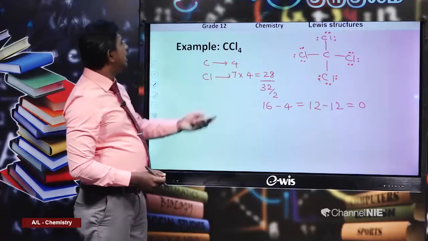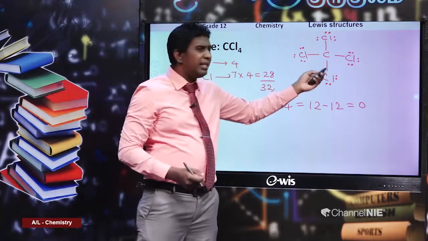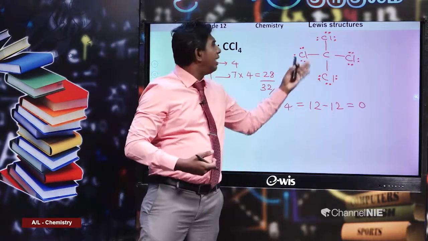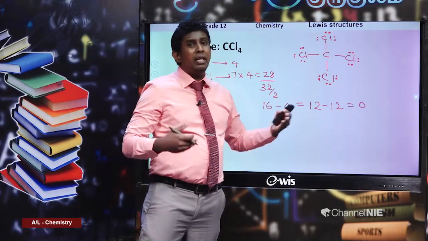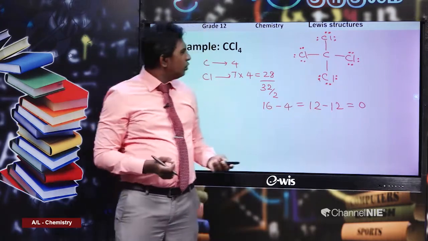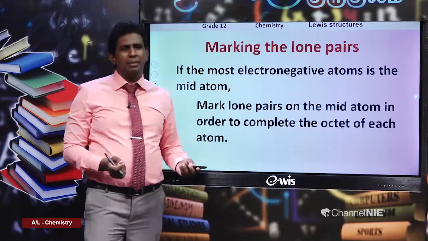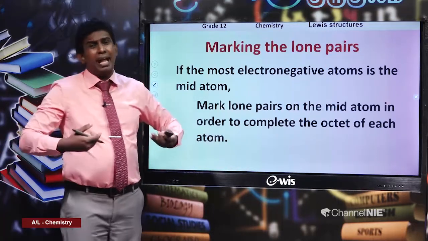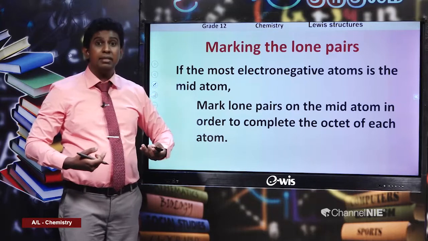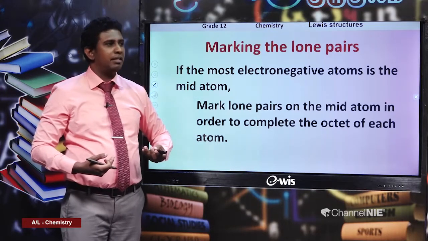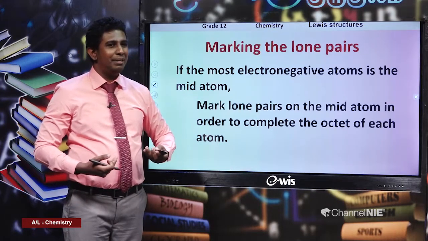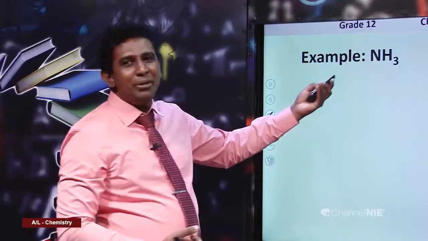In the earlier example, the central atom was the least electronegative and the others were the most electronegative atoms, so we could not help it. But sometimes it's possible that the role of the most electronegative atom is played by the central atom. It's very rare, but it's possible. When you have hydrogen there as terminal atoms, it's ammonia.